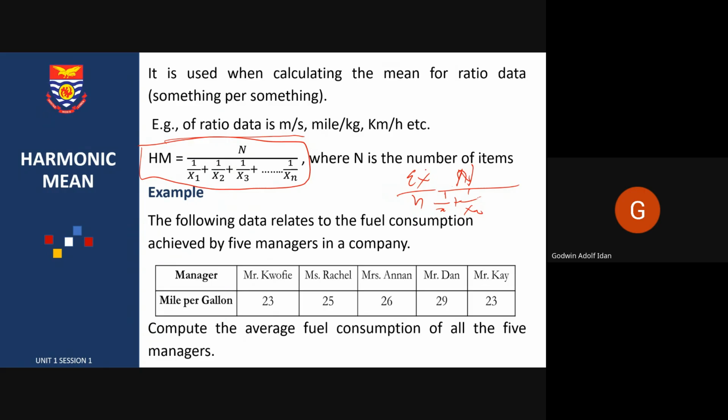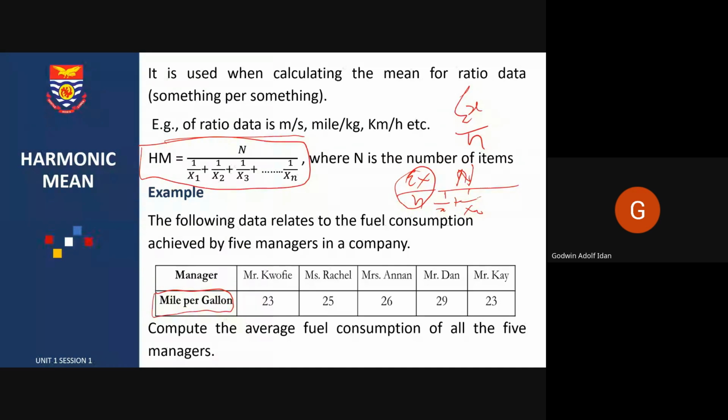And so it is just this formula we have here, the summation of x over n, that we are trying to find the reciprocal of each value, and then we use it to resolve. And this is only applicable when the unit of analysis is in the form of a ratio.